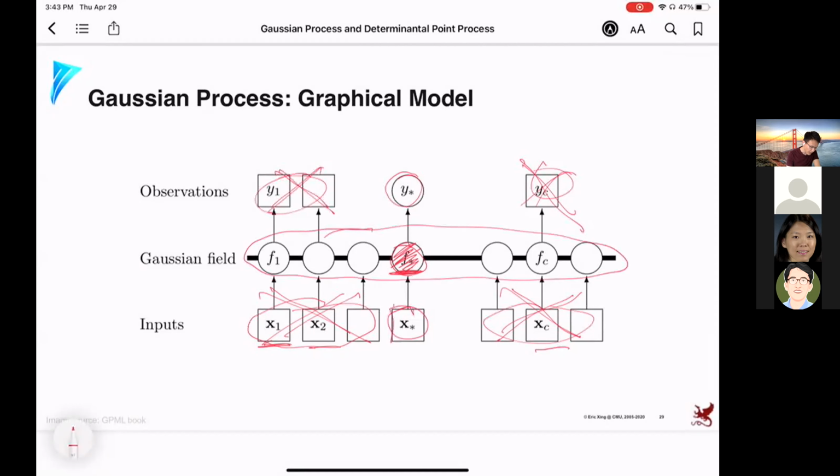Whenever a new X comes and I need to predict its Y, I collect the information from all of my X and Y's again, and then do the prediction of my Y. So I never get rid of my data, because each data point I have is sort of my parameter in my model.